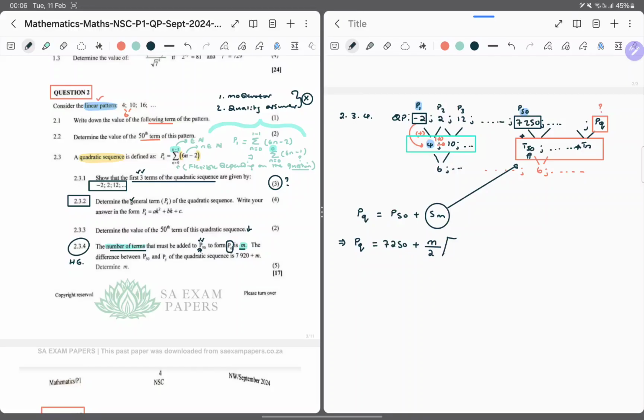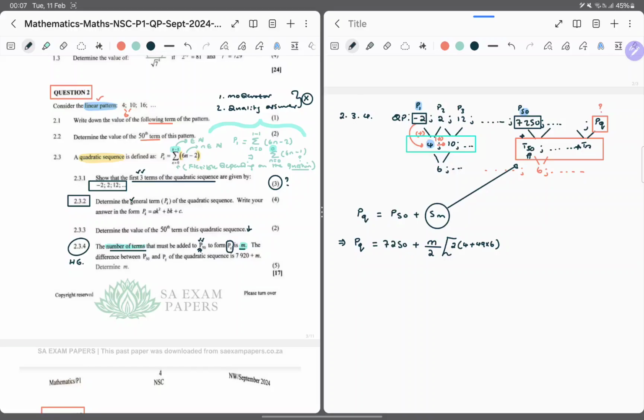Remember, this is arithmetic. Into 2 times, we're going to have 4 plus, if this is term number 50, 49 times 6.